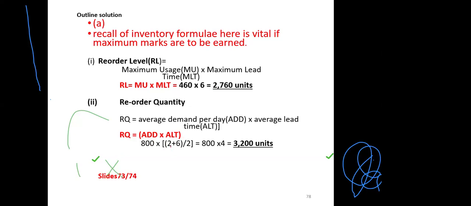The way you calculate the average lead time, you add the minimum lead time of 2 and the maximum lead time of 6. 2 plus 6 is 8, then 8 divided by 2 is 4. Then 4 times 800, that is 3,200.